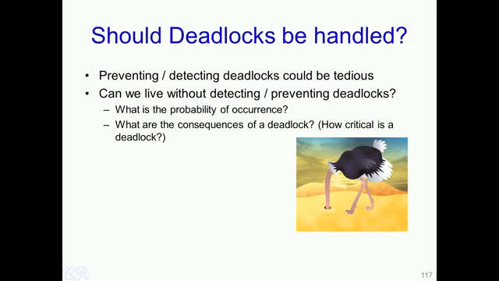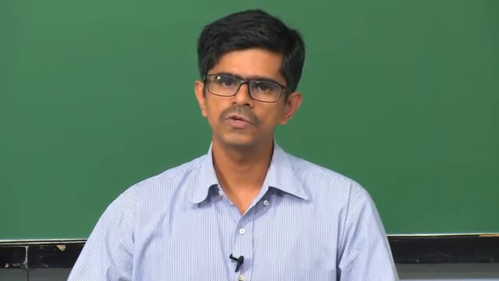For instance, if a deadlock occurs on my desktop, I could simply reboot the system and it is not going to affect me much. On the other hand, if a deadlock occurs, say in a safety critical application like a spacecraft or a rocket kind of scenario, then the consequence could be disastrous.